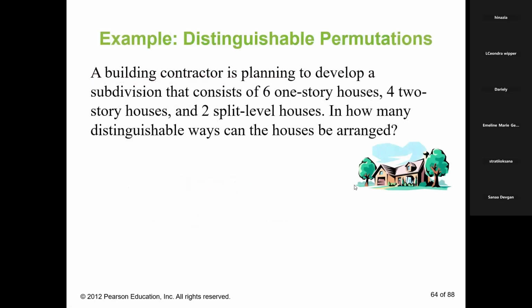Okay, let me show you an example. A building contractor is planning to develop a subdivision that consists of 6 one-story houses. You can take notes. 4 two-story houses and 2 split-level houses.